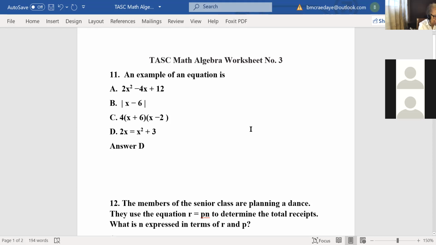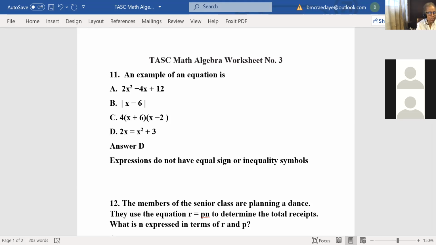So notice the difference now. Expressions, and let me just make it really clear, do not have equal signs or inequality symbols.